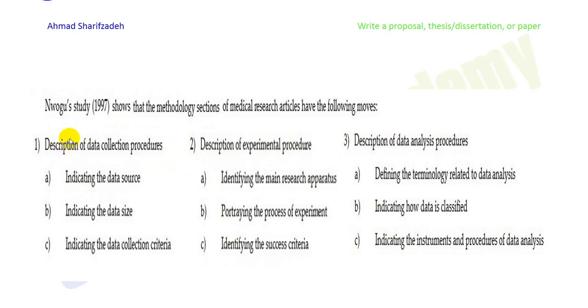In the first subsection, you have to tell the readers, indicating the data source, from which sample or from which population you have collected the data, indicating the data size, the sample size, the population size, and something like this, and indicating the data collection criteria, who actually were included in your sample and who were excluded from your sample.